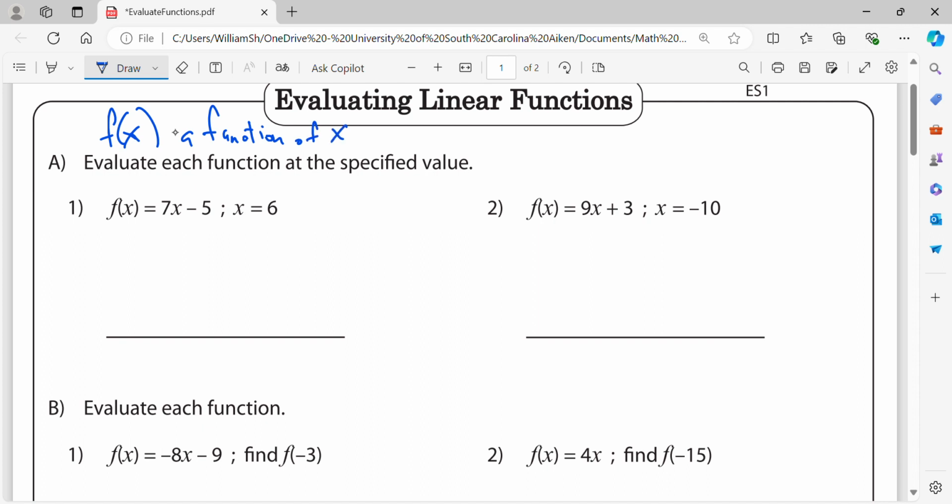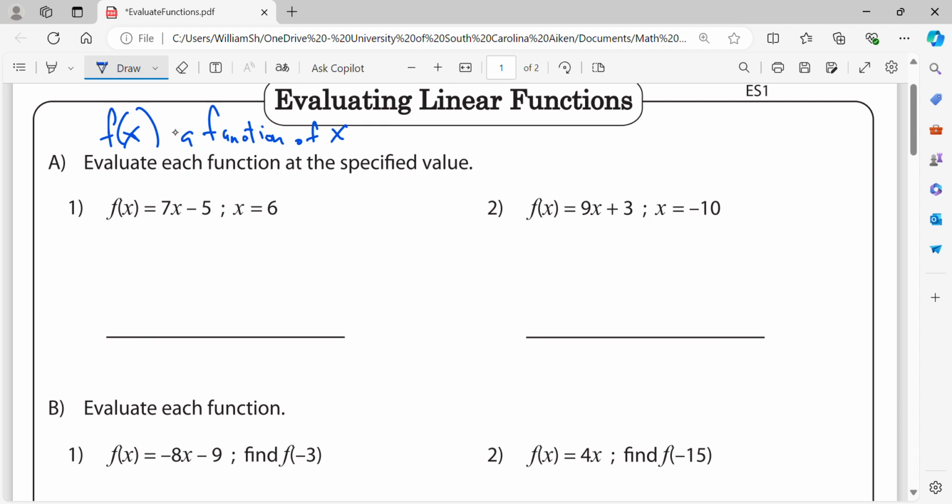So a function of x equals 7x minus 5. A lot of times we'll say y equals 7x minus 5, substituting a y for f of x, but in this case, we're going straight with f of x. And we also know here that x in this case is going to be 6.